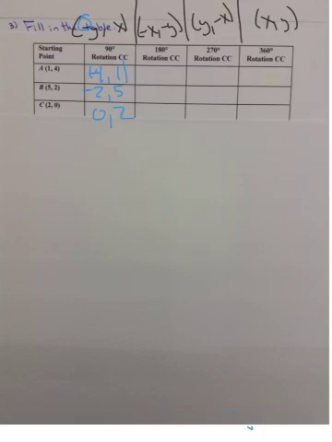Okay, so for 180, we have negative x, negative y. That means change the sign of both. So A becomes negative 1, negative 4. B becomes negative 5, negative 2. C would become negative 2 and 0. Okay, so for 270, we have y, negative x, which means you change the order.